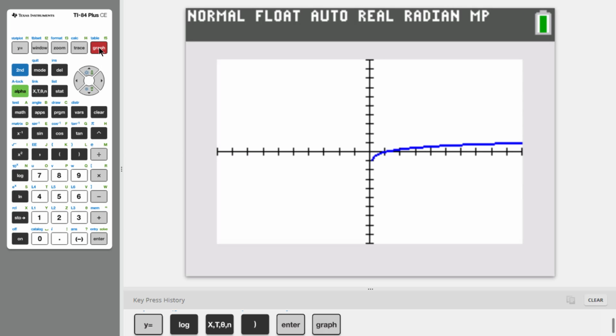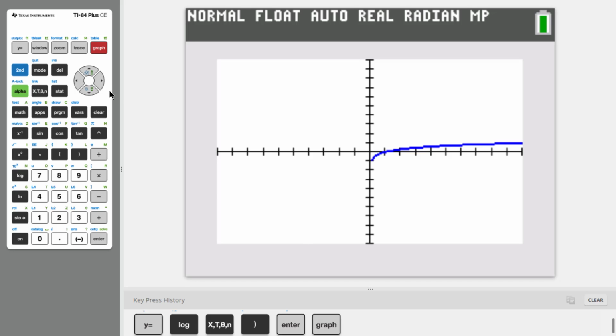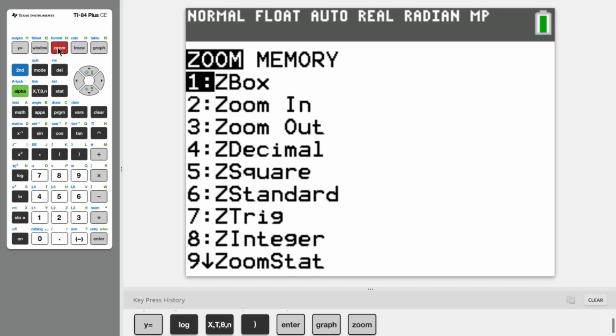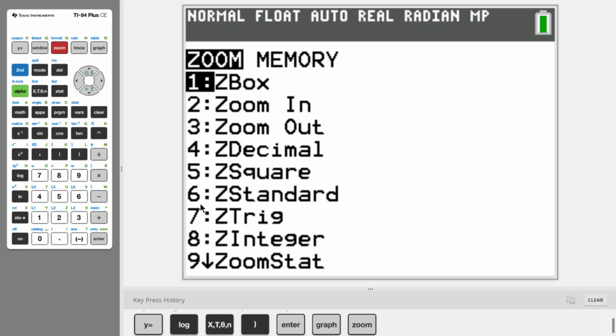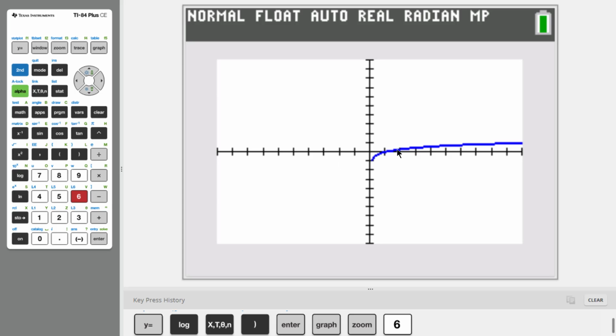Now, if your graphing calculator didn't give you a standard graph that goes from -10 to +10 on the x and y axes, then you could press the zoom button in the top middle, and in the menu, you want to pick Z standard. This will give you a standard 10 by 10 graph. Now on some graphing calculators, like the one I have here, it looks like the graph of log of x stops right next to the y-axis.